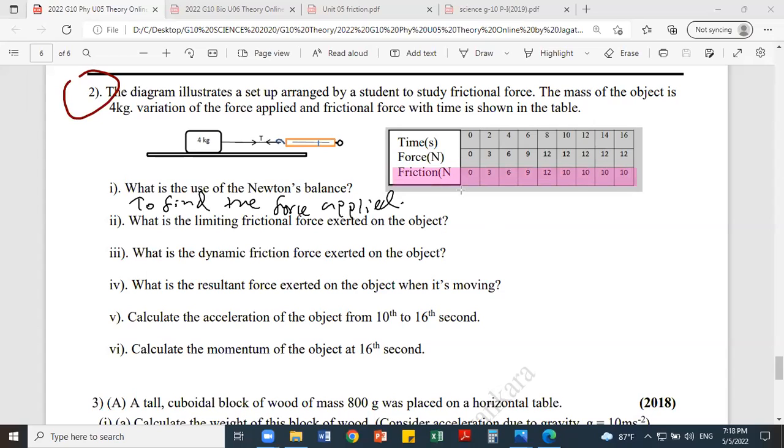You can put a curved bracket from 0 to 9, put an arrow and write this is static friction. And this will be the highest value out of all of these. That is the limiting frictional force.